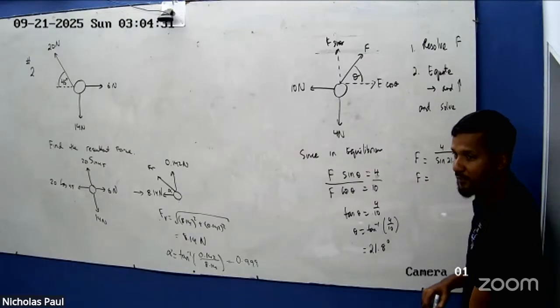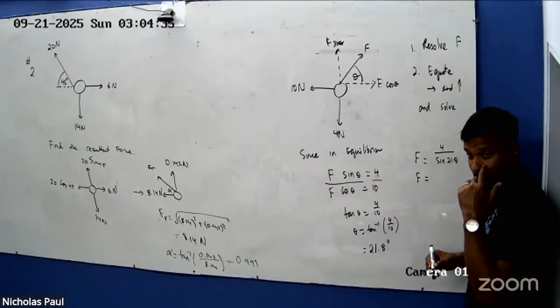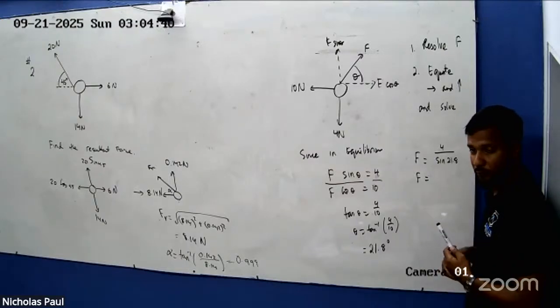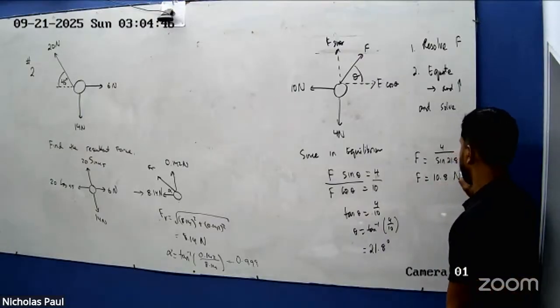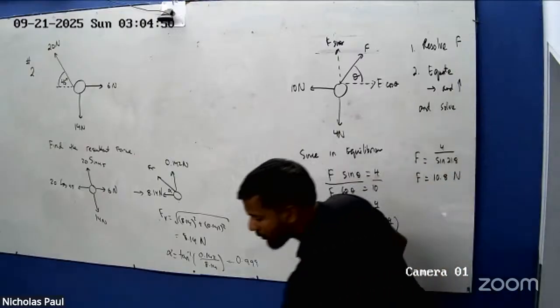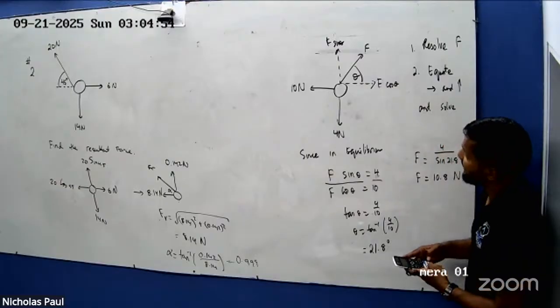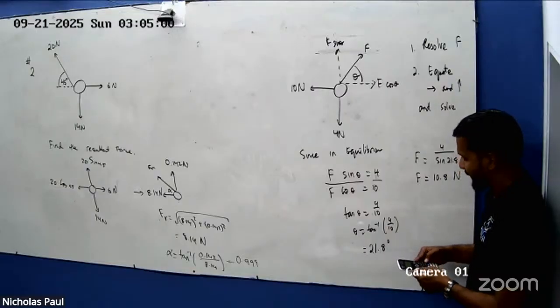How much is that? 10.7, 10.8. That is how we handle it. As I said, we could have also found the square root of 10 squared plus 4 squared. 10.8. Yeah.